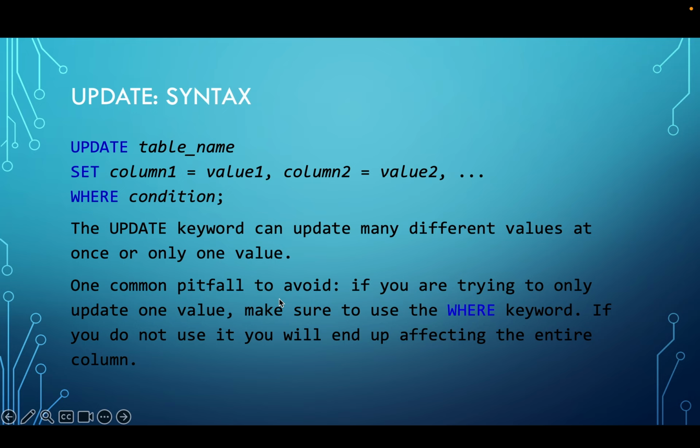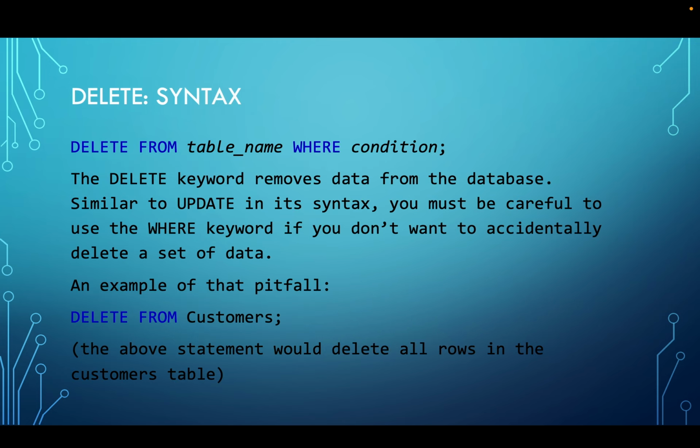And then one common pitfall to avoid is that if you're trying to update only one value, you definitely should make sure to use the where keyword so that you don't affect the entire column. And then delete. Delete will remove data from the database, and you want to be careful with the where keyword as well, so that you don't end up deleting a lot of rows or a set of data.